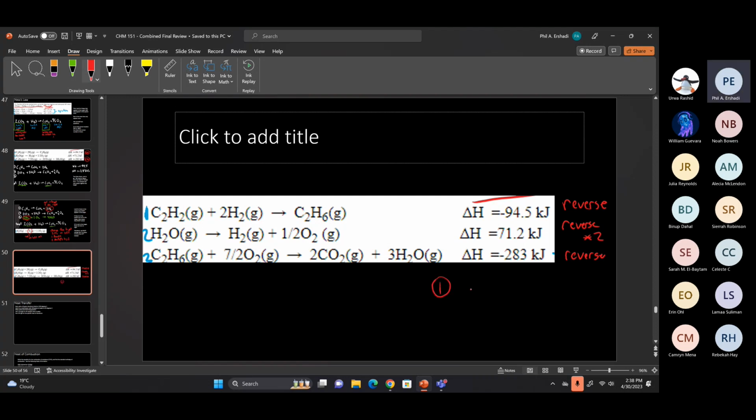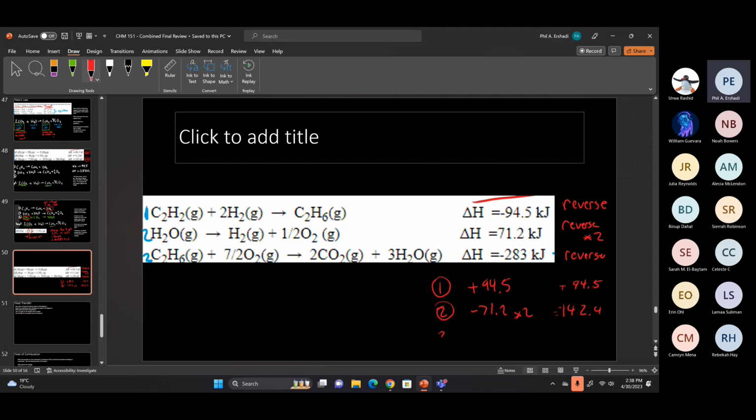So my line 1 enthalpy is now positive 94.5. My line 2 enthalpy is now negative 71.2 times 2. That'll give me 142.4, and that's negative.